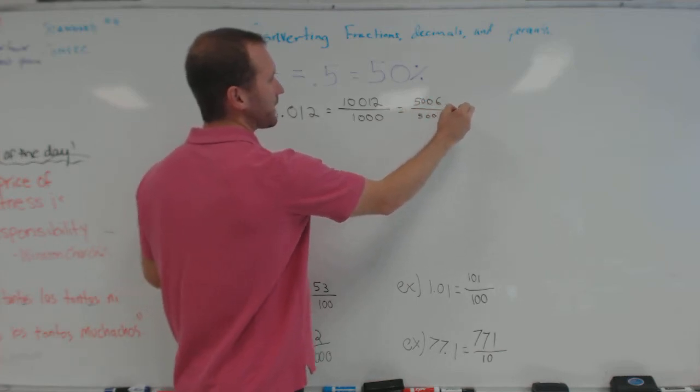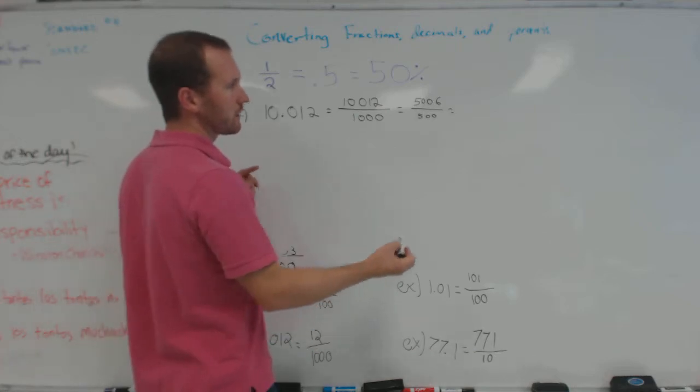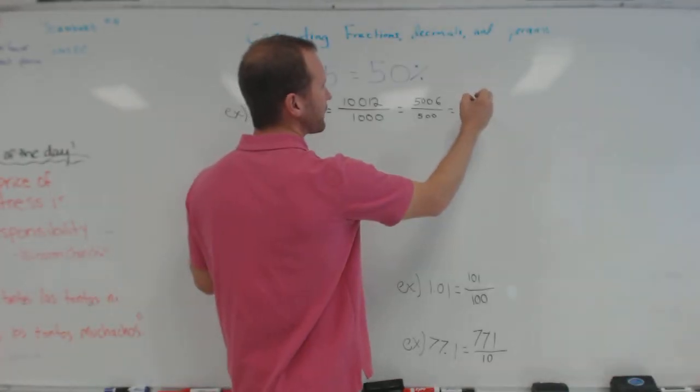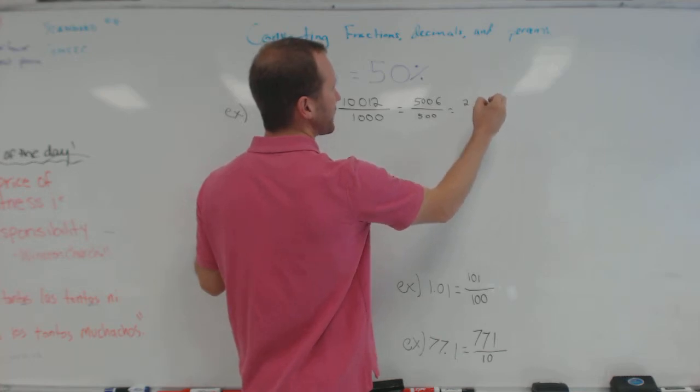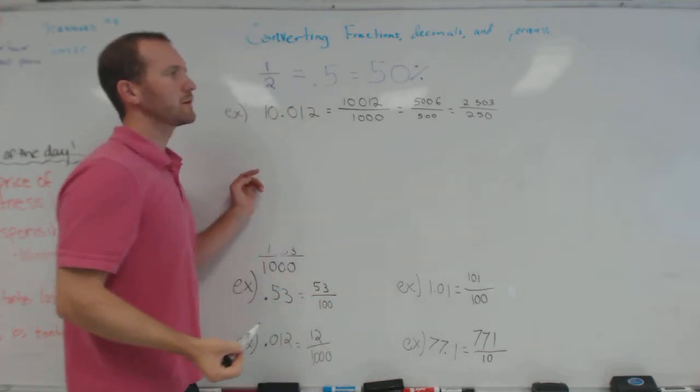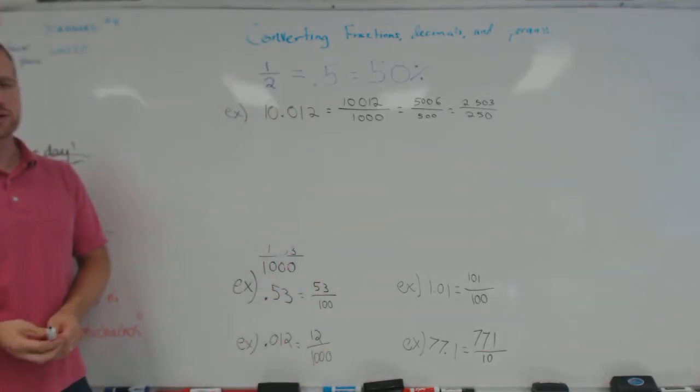Oh, and then I can take out another 2. So then I have 2,503 over 250. And then I don't know if there's anything else I could do.